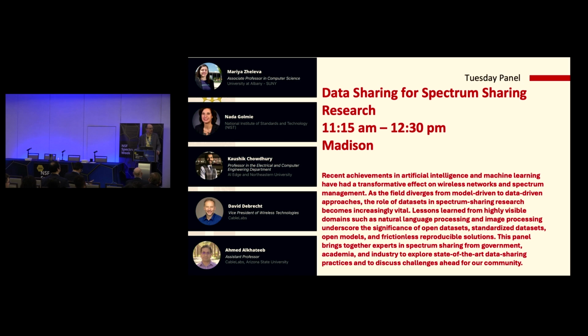I do have one small thing to raise, which is you're going to see walking around this week some people with these bright red ribbons or purplish ribbons. If you read closely, it says National Spectrum R&D Plan Author Community. So we, the nation, the government, are currently in process of writing a national spectrum research and development plan. We're having a workshop on Friday this week, but we understand that many of you are not able to stay that late to participate in that workshop.